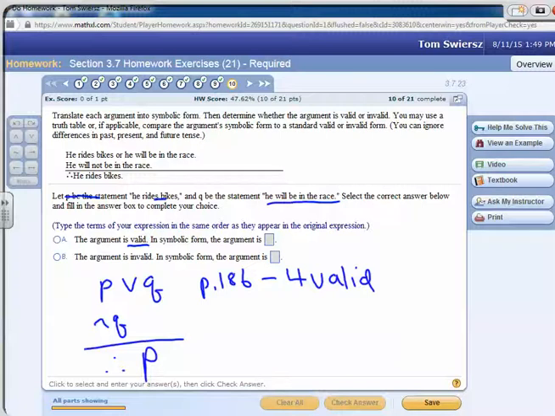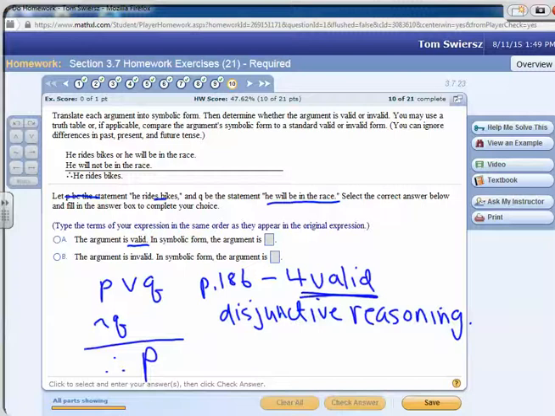So this follows the form of disjunctive reasoning, so it follows one of the four valids, so we automatically know it's valid.